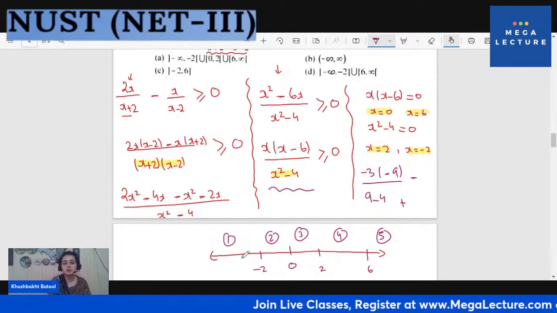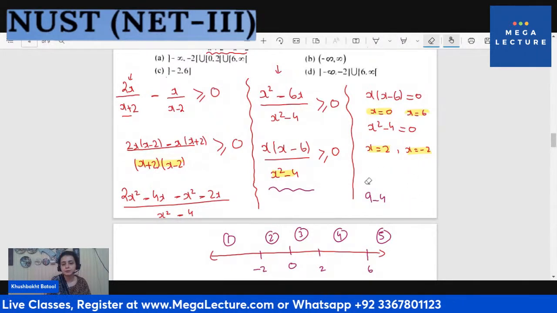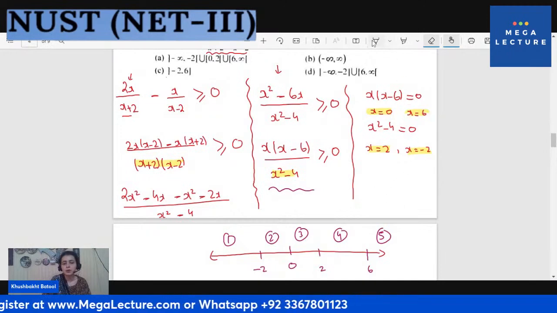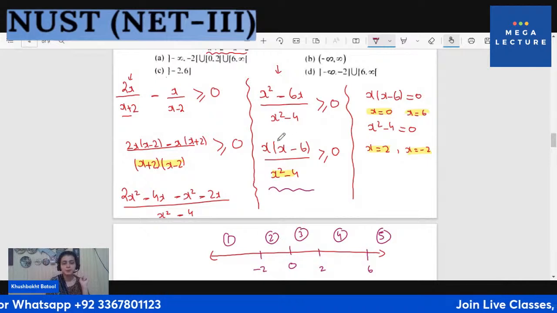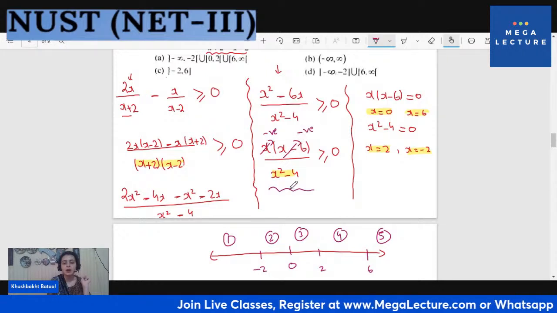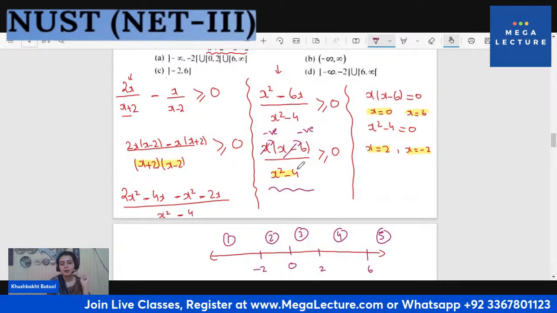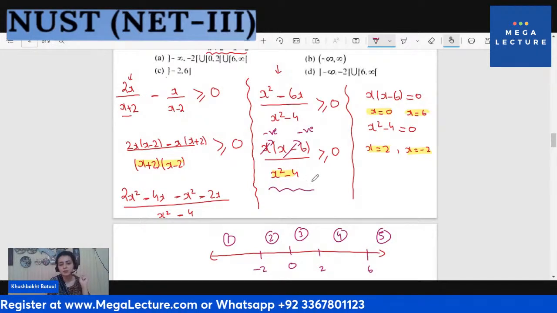So I need to think about it again. Okay. All right. -3 was the number. This would become negative. This would become negative, and in the denominator, when you would have x squared minus 4, this would be positive.